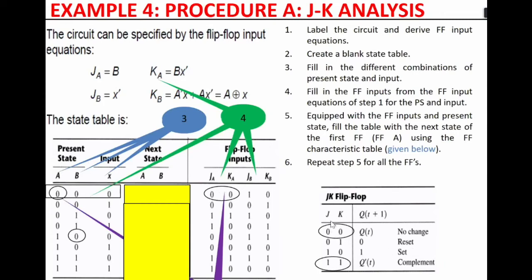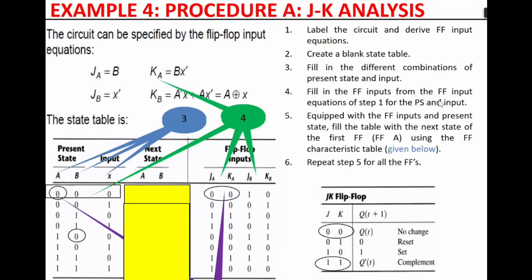You come to this table, when J and K are 0, 0, there is no change. So if the present state is 0, what is the next state? Somebody to answer that. Yes? It is 0. That is good.